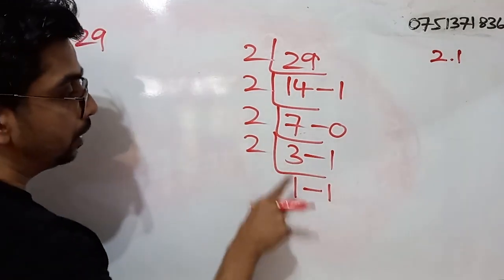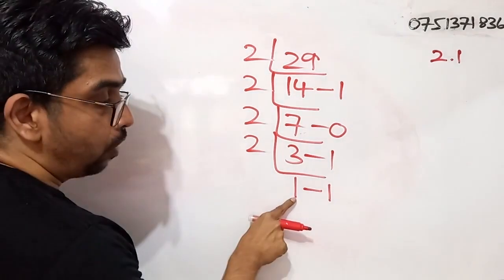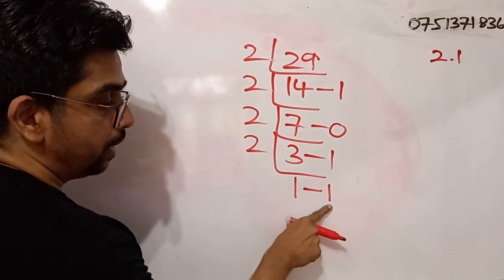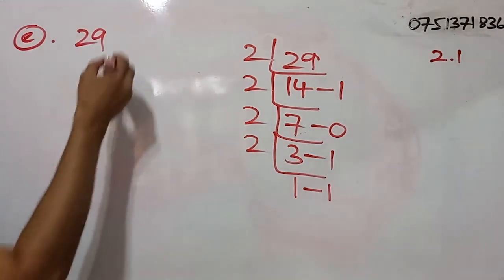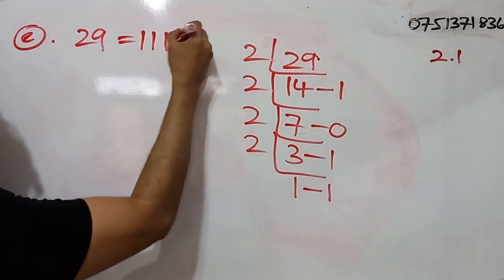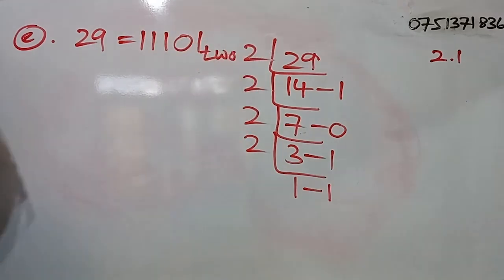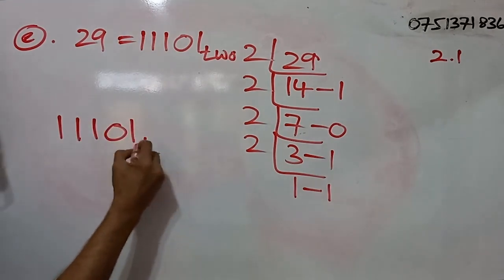Now we will stop the process because we got 1 as the quotient here. This is the remainder, this is the quotient. So now we will take these numbers. So 1, 1, 1, 0, 1 and the base is 2. So I write the answer again: 1, 1, 1, 0, 1 and the base is 2.